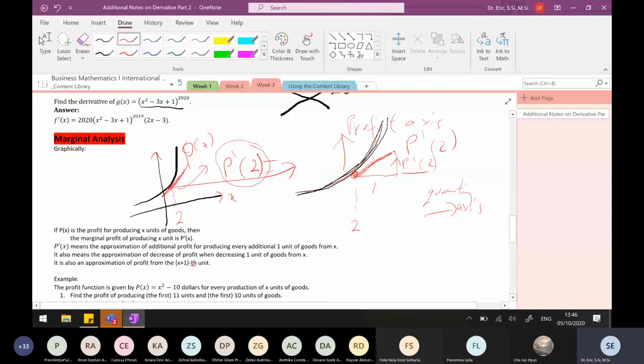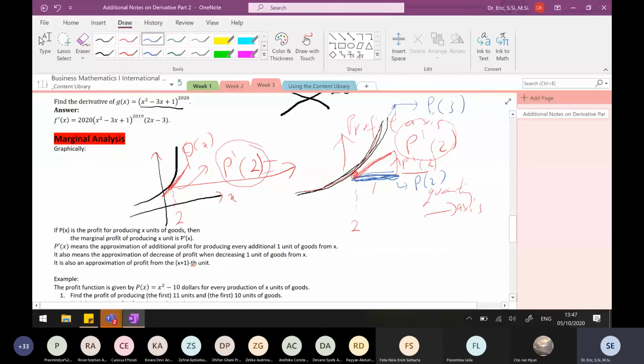Why? Because this is the profit when producing 2 units, this is P2, and this one is P3.